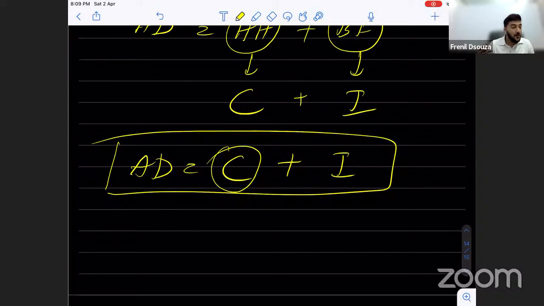So I'm going directly into the concept that we have to learn, which is very important, that is the linear non-proportional consumption function.